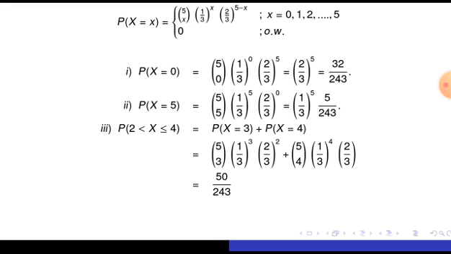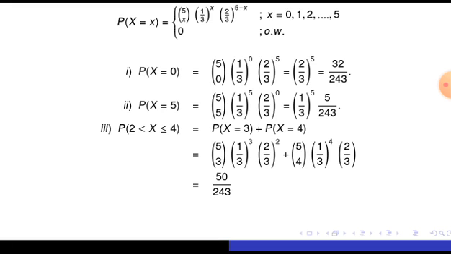So in this way, we can compute probability of any event of binomial distribution if we know the values of parameters. So when the values of parameters are known, the distribution is completely specified.